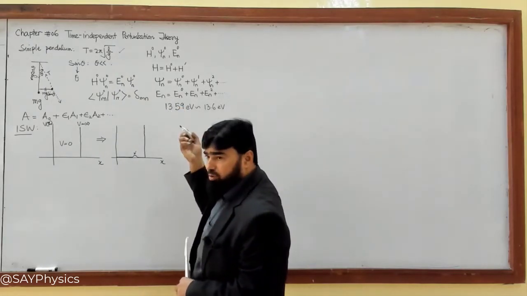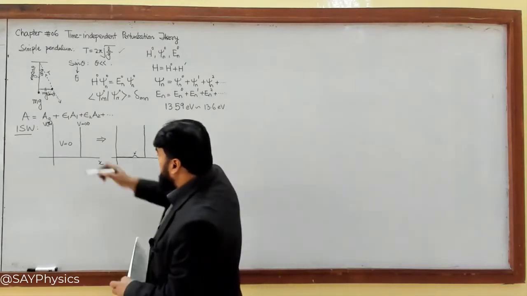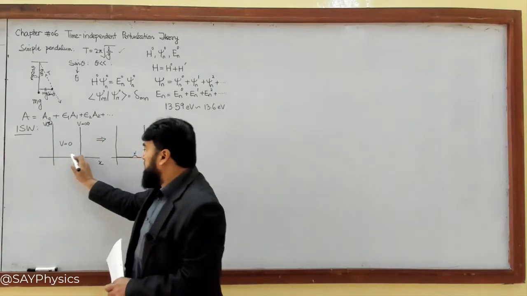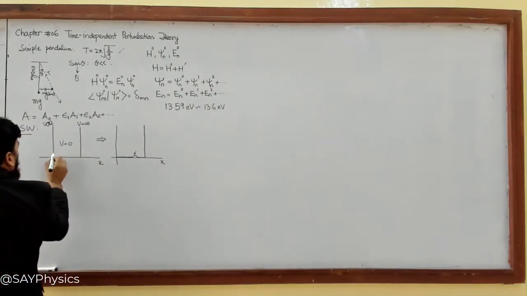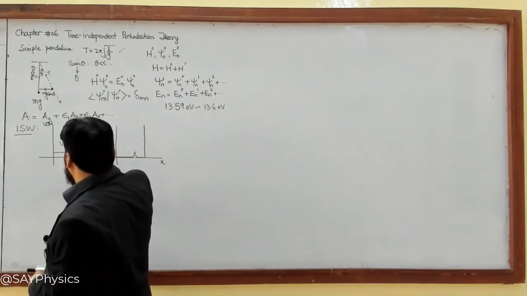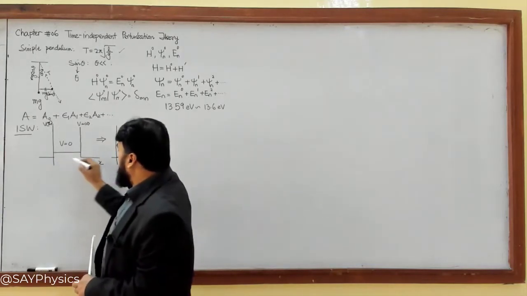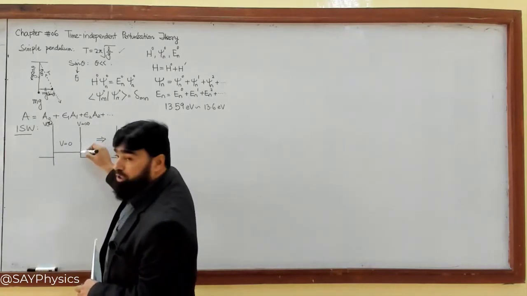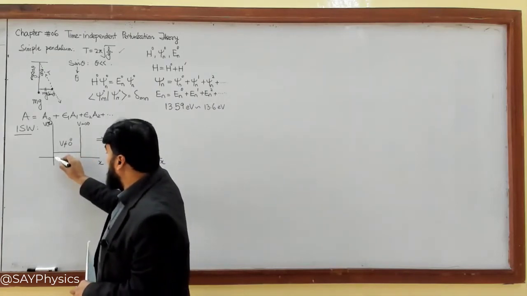Or another kind of perturbation, let's say we raise this whole potential here. Now what is the situation? The perturbation has this much magnitude, and V is non-zero there.